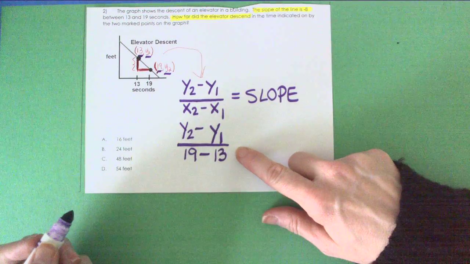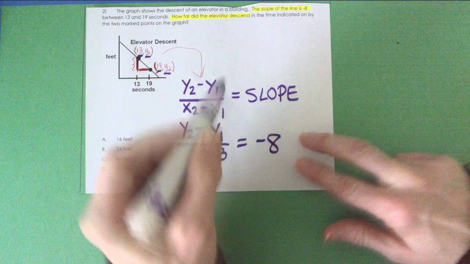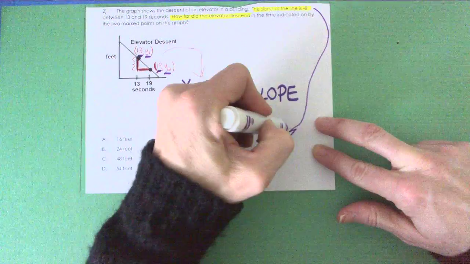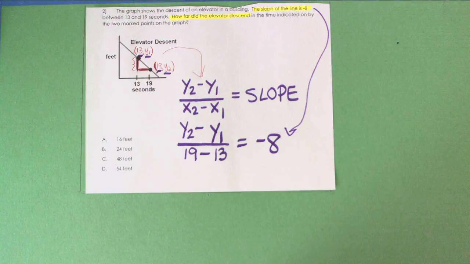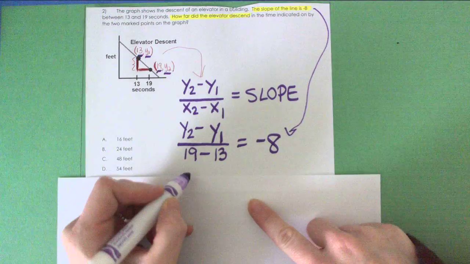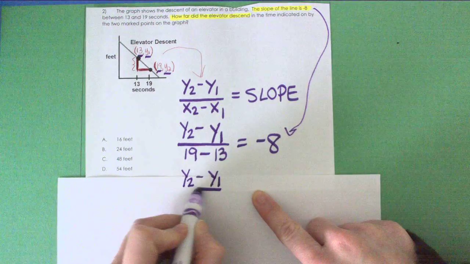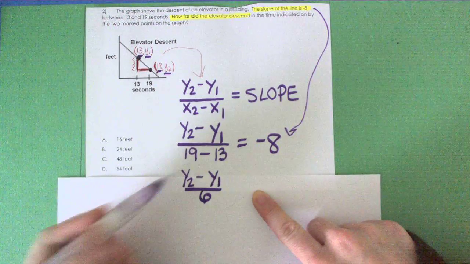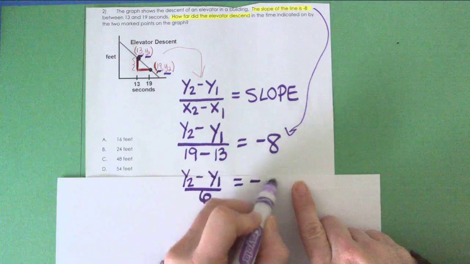And this is going to equal my slope from up above, -8. See, I'm pulling that down here, -8. Now, if I do a little more math here, I'm going to get y sub 2 minus y sub 1 over 6, because 19 minus 13 is 6, equals -8.